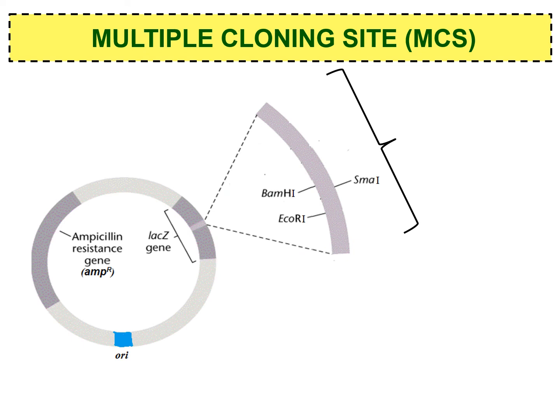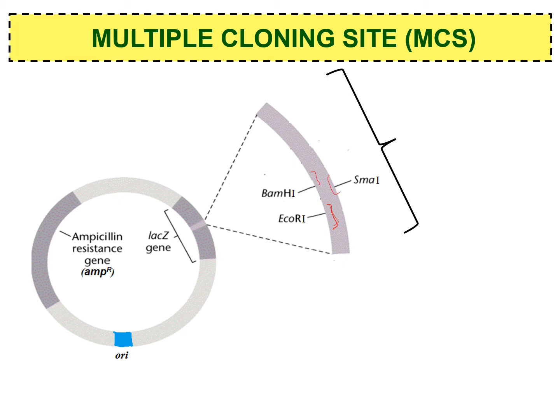For example, this one, EcoRI, we know GAATTC, SmaI, BamHI, CCC, GGG. So in this area there are a few restriction sites. If we use EcoRI, then EcoRI will cut it here. If we use BamHI, it will cut here.